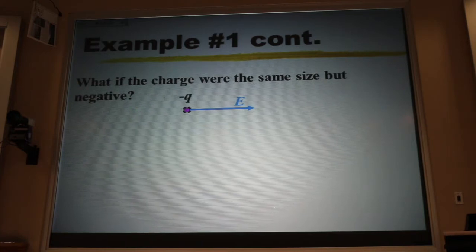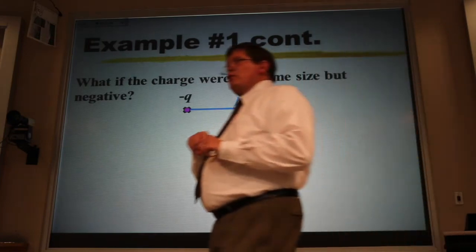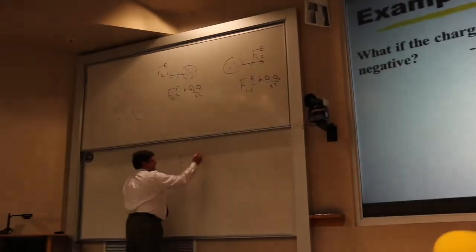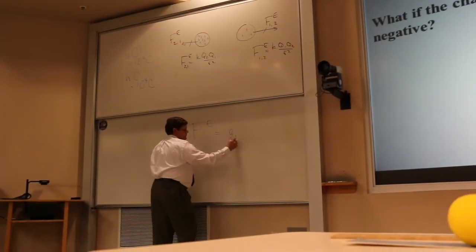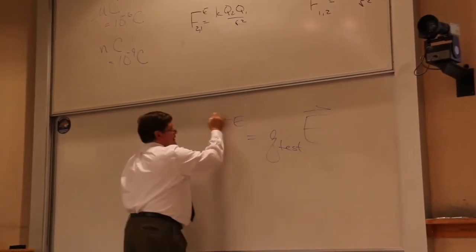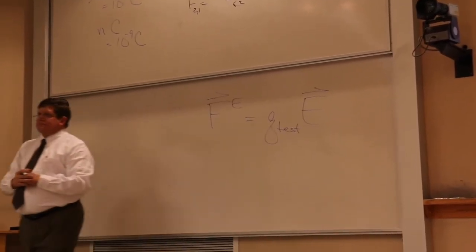Now, what if that charge that I put there were the same size, but it was negative? What if it was negative 3 coulombs? Now, this is where some people, when they're beginning their study, struggle. If I look at this formula for the electric force, I have to remember that it's a vector formula.